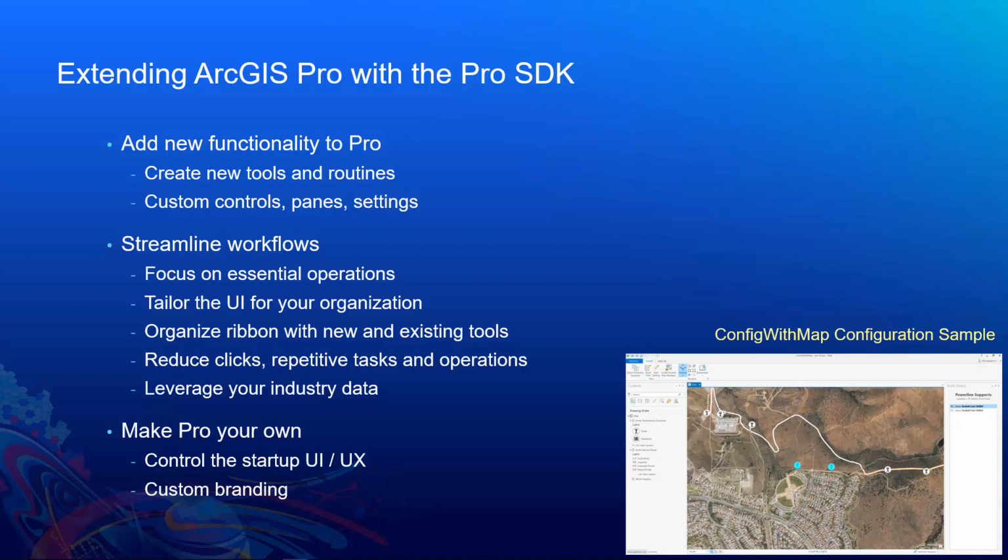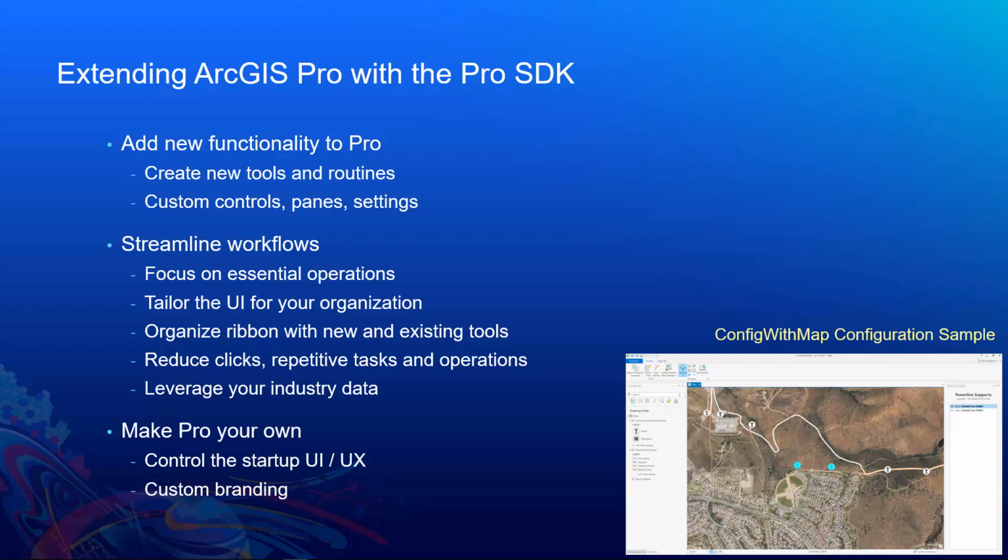You can organize the ribbon with new and with existing tools and put those together in your add-ins, allowing your users to have an efficient and intuitive user interface. You can, of course, reduce clicks, repetitive tasks and operations, and really take advantage of building in your own logic to make it a really streamlined workflow. And there is a pattern we'll be talking about that allows you to do that.